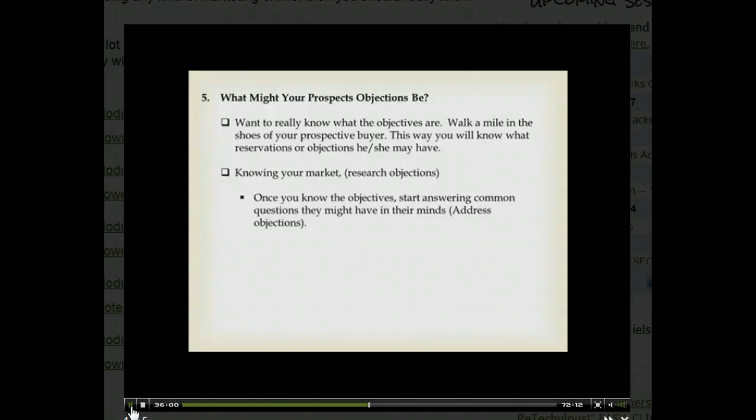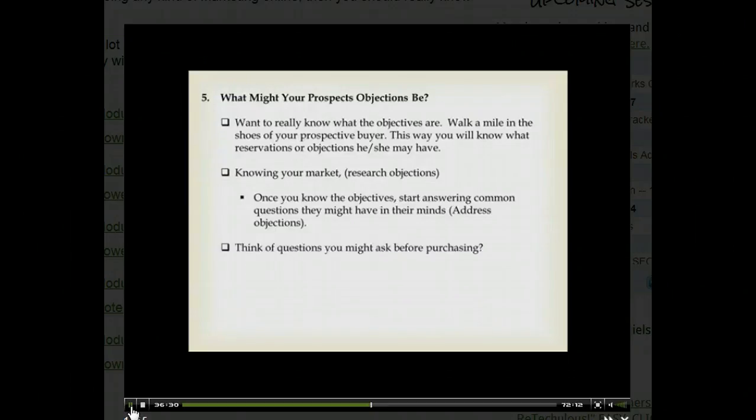That helps you understand what your target market is thinking, what they're going through, what kind of doubts they might have, and what you need to overcome when they're going through your products and sales copy. Once you know the objections, start answering the common questions they might have in their minds and address them. Don't just leave them open, because if they still have that objection at the end, they're probably not going to trust enough to buy.